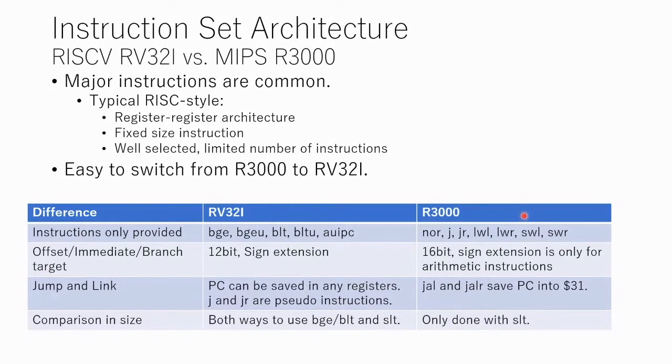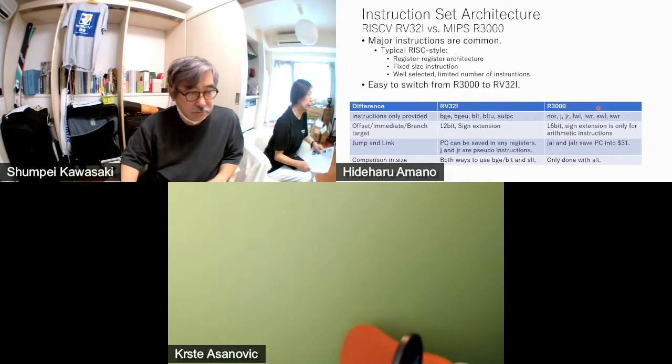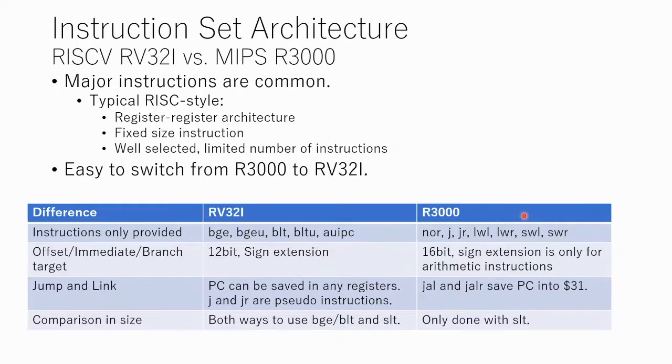For example, the addressing mode is only register indirect with an offset. So basically, it is easy to switch from R3000 to RV32I. But of course, there are some differences.